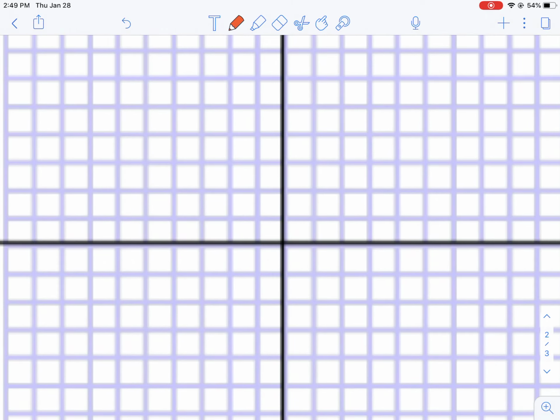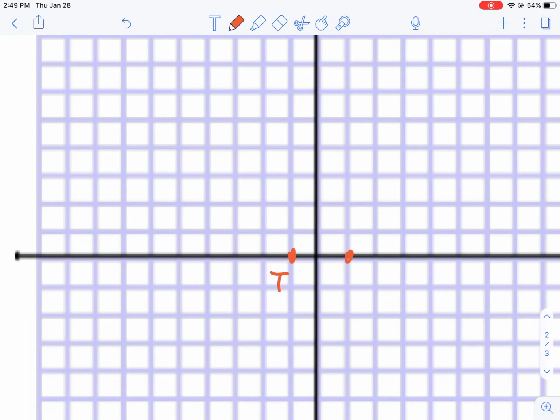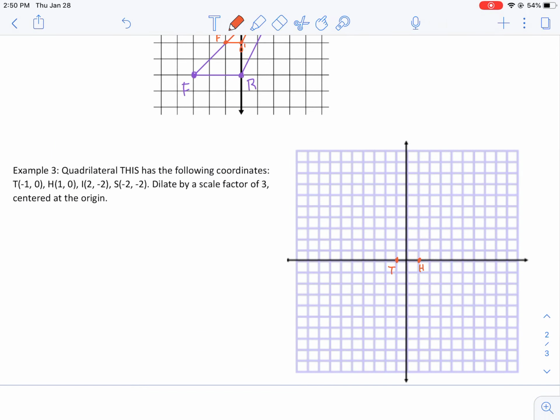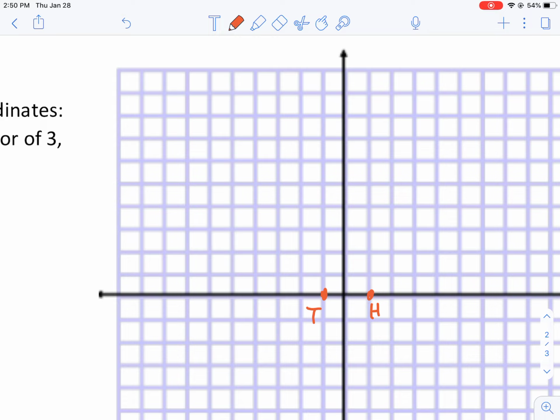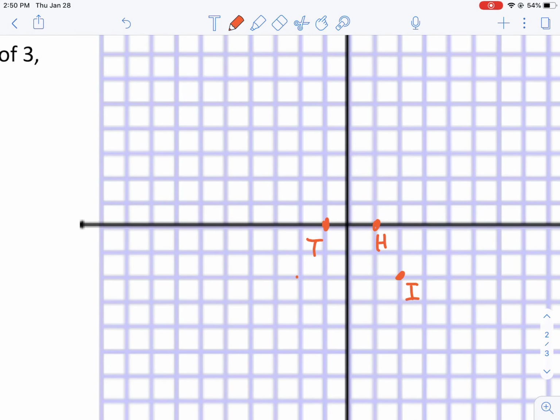So we've got T at -1, 0. H is at 1, 0. I is at 2, -2. And S is at -2, -2. So this should have been what you got originally.